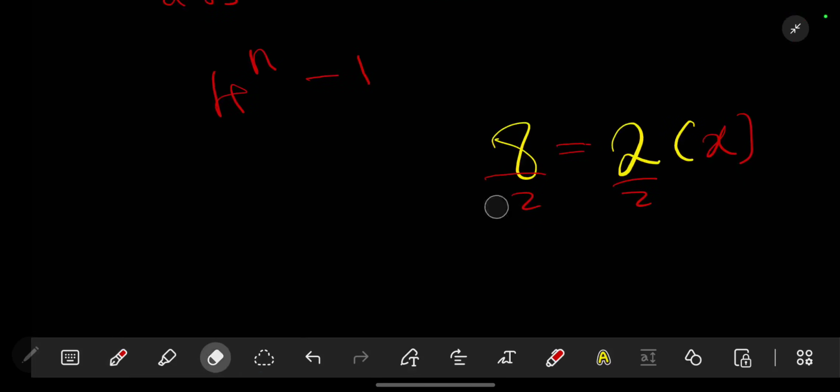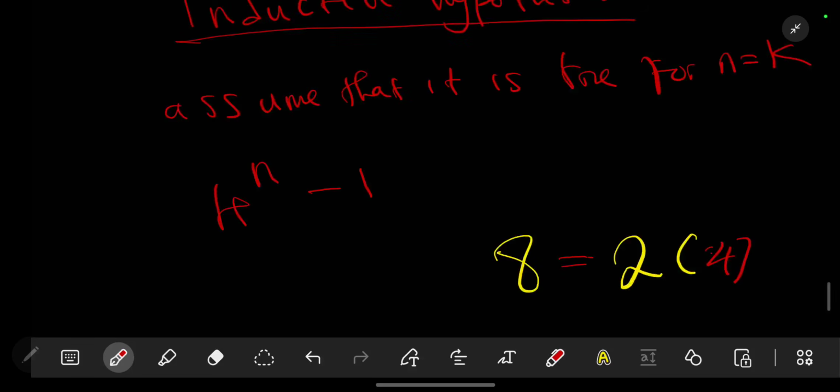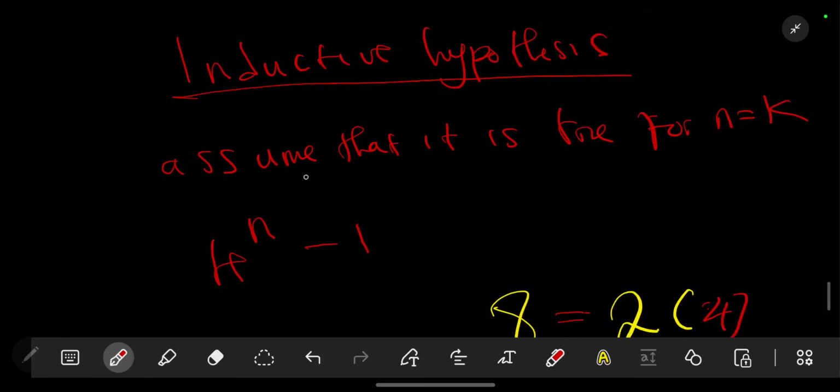In other words, 8 is the same as 2 times the 4 there. So if 4 to the power k minus 1 is divisible by 3, it means we are going to say this will be 3, because we know it's divisible, times the x. X is representing this number.